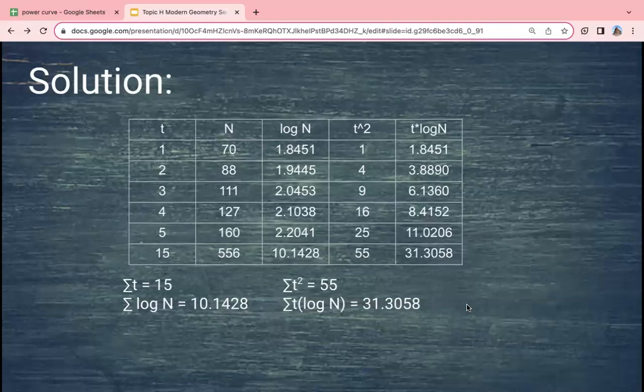So again, as what I've showed you in the process earlier in using the Google spreadsheet, you just enter the data, enter the formula, and then click and drag, and you got all the values ready.